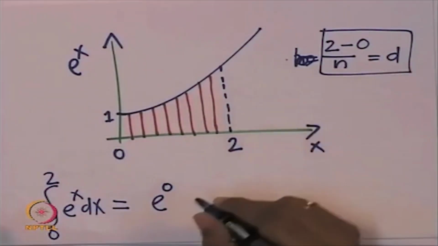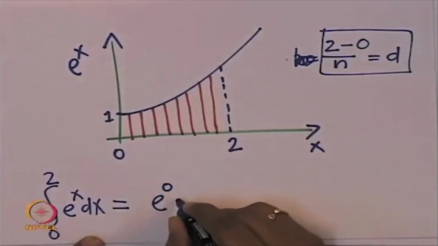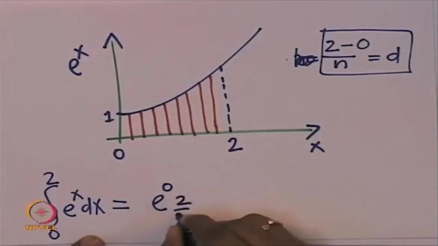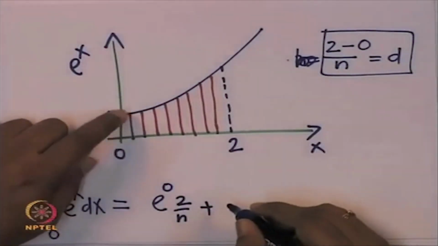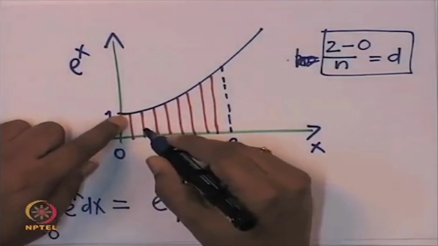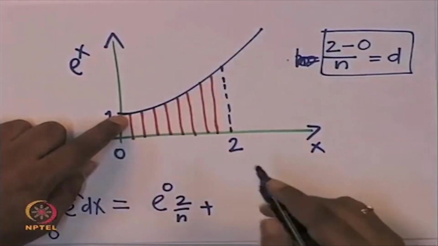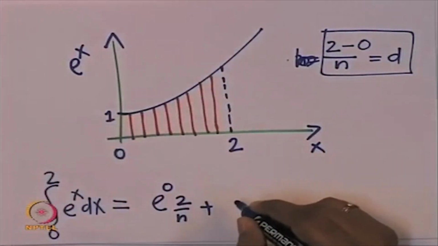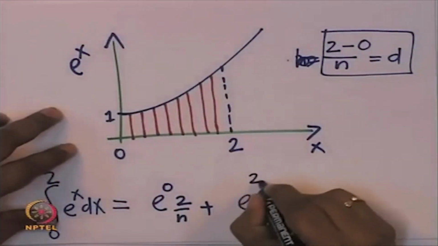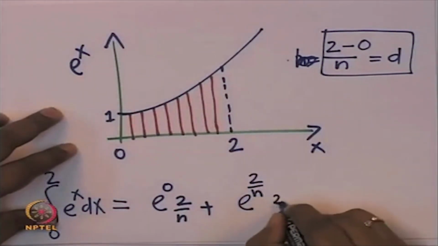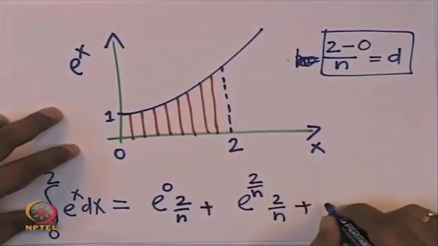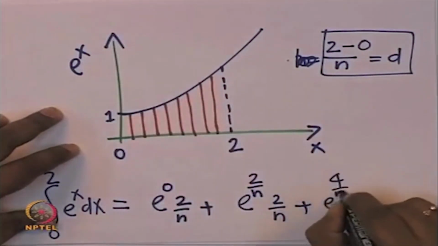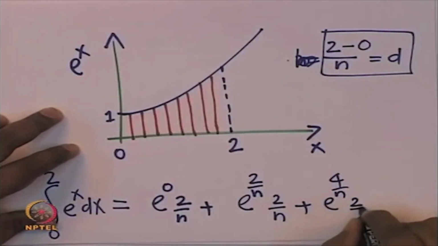So, e power 0 into 2 by n plus, now the next part will be at 2 by n. So, this will be e power 2 by n into 2 by n, plus this will be 4 by n, e power 4 by n into the width 2 by n, plus dot dot.